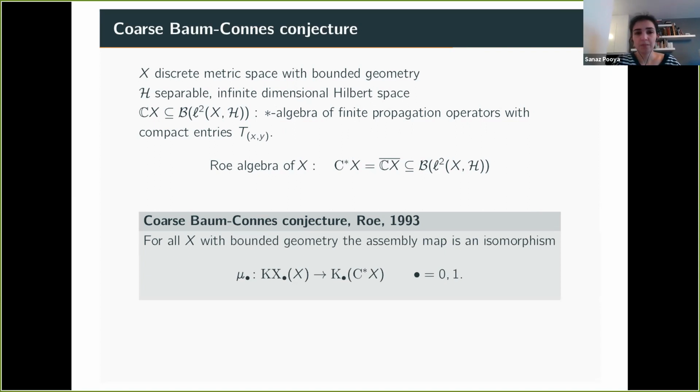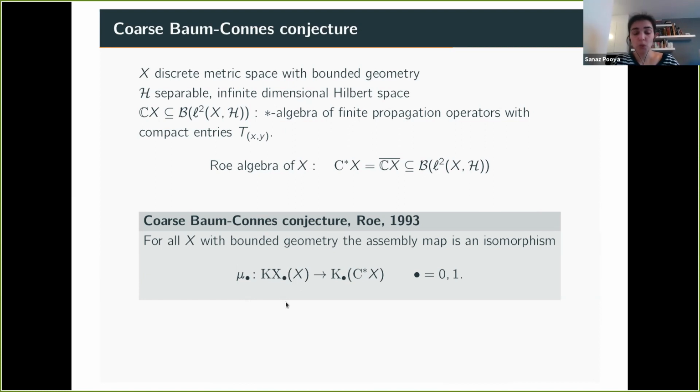And it goes as follows: for X with bounded geometry, this assembly map is an isomorphism. So the left-hand side can be defined via direct limit, but now I just put it in this way.